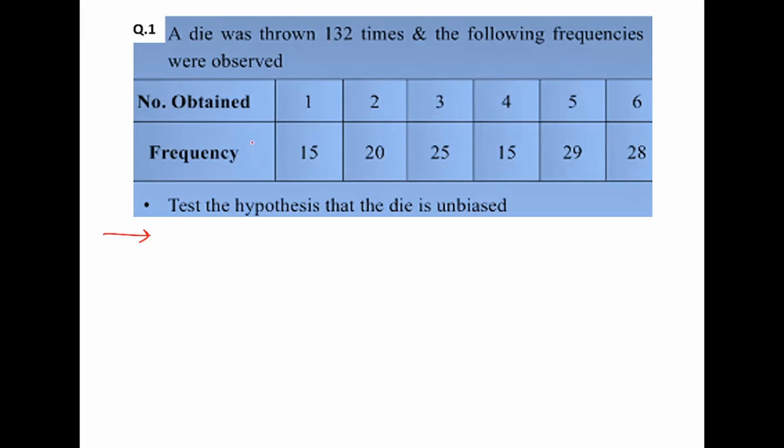So that's why this can be solved with the test for goodness of fit. This is a type 1 problem. So in step 1, define the null hypothesis. So here the null hypothesis, we are going to assume that die is unbiased.